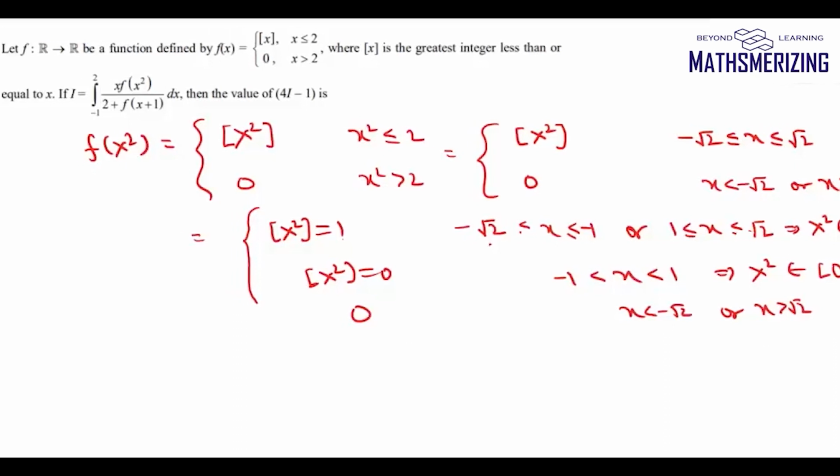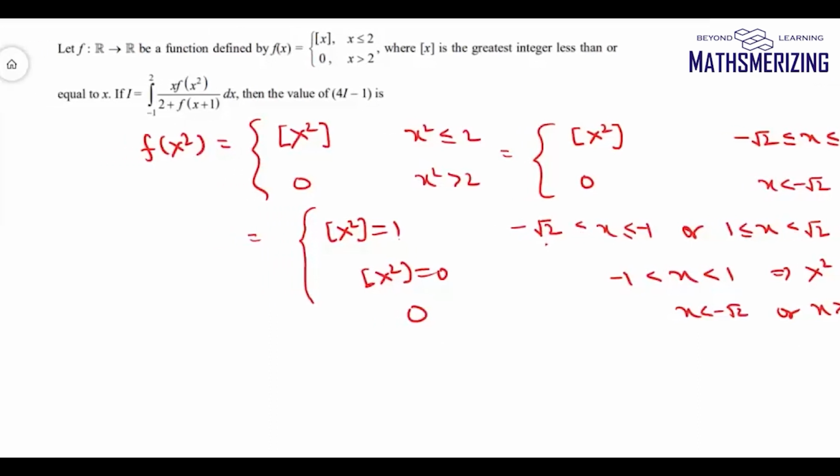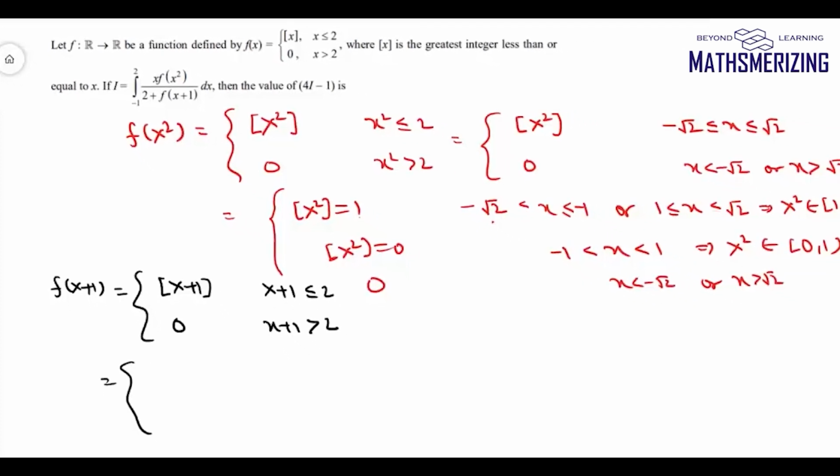Now we'll take another function, which is f(x+1). Then f(x+1) simply will be the greatest integer function of x+1 when x+1 is less than or equal to 2, and 0 when x+1 is greater than 2. So I can simply write it as the greatest integer function of x, plus 1, when x is less than or equal to 1, and this is 0 when x is greater than 1.